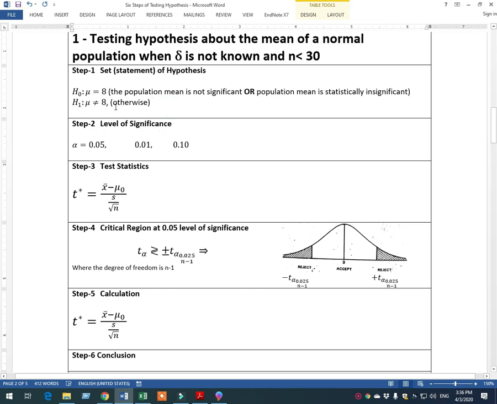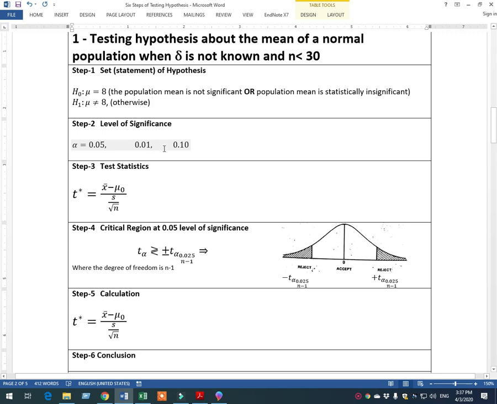So here I have established the hypothesis statement: the null hypothesis is that the population jars have mean weight of 8 ounce, otherwise it is not equal to 8. So this is our null hypothesis and alternate hypothesis. Obviously in the end one hypothesis among these would be selected. Let's see what our results tell us.